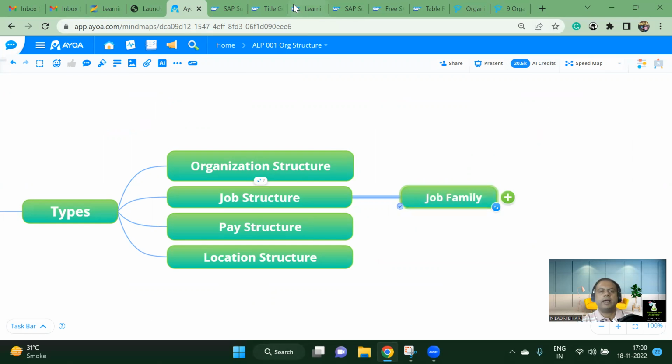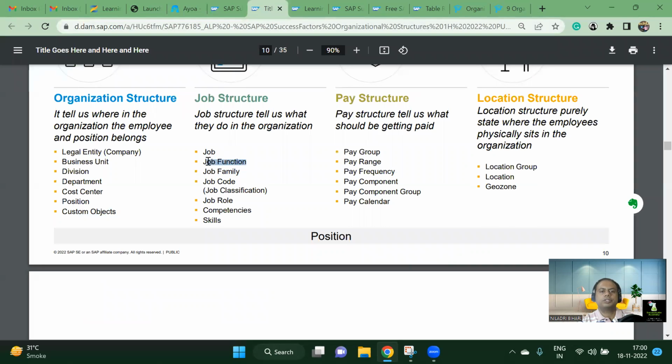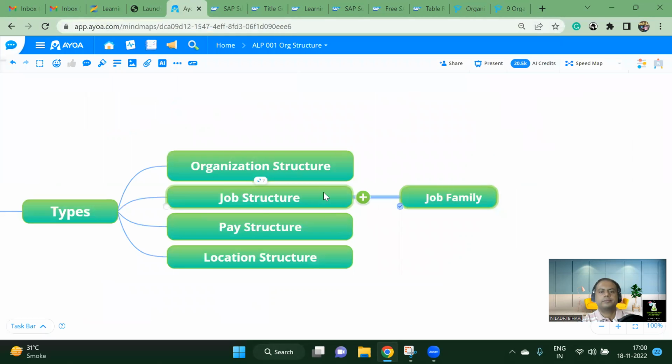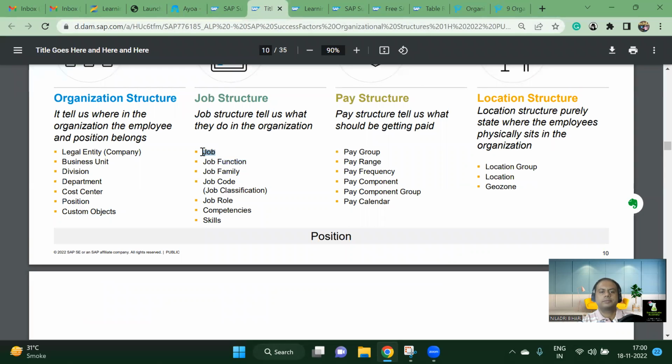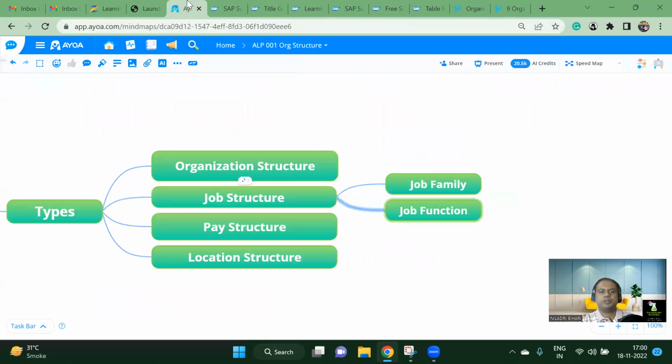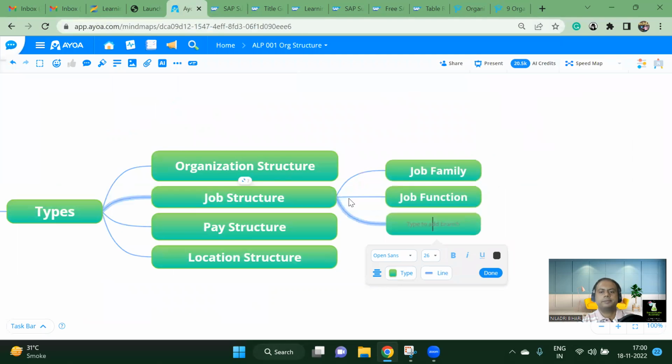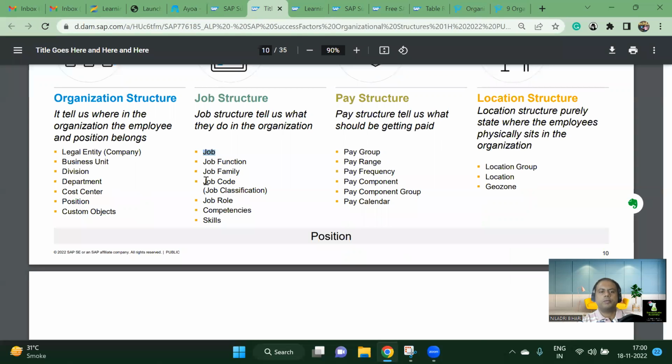Then definitely we will be having your job function. Then we will be having the actual job, which has a job description in it. Then we do have job code.